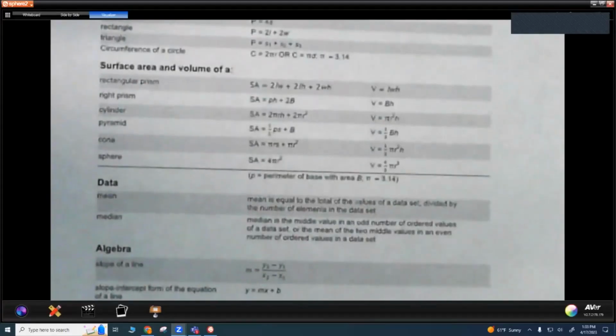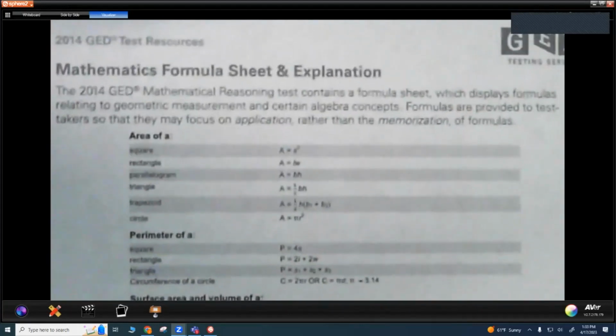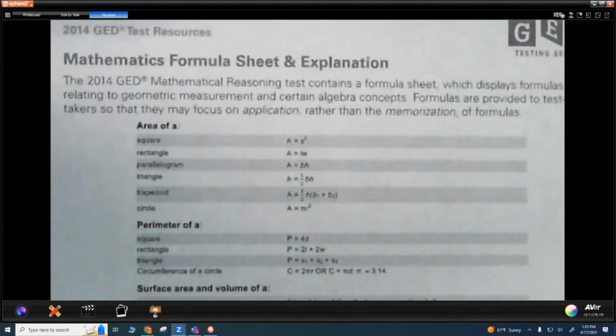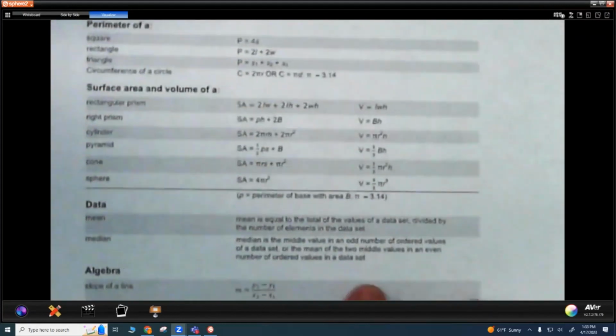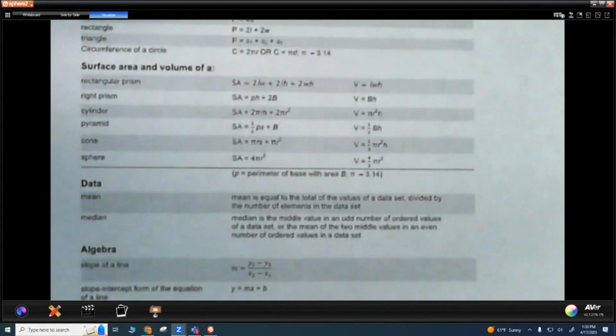All right. So this is our GED formula sheet. You will have access to this on the test. I don't know if they'll give you a paper copy if you choose to test in person, but I definitely know that if you choose to test online you can only refer to the online version, which just means you have to click it open.